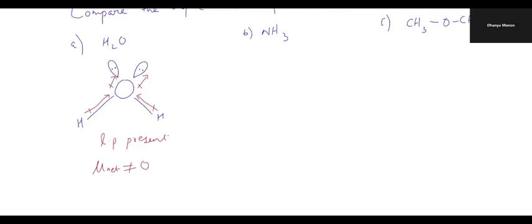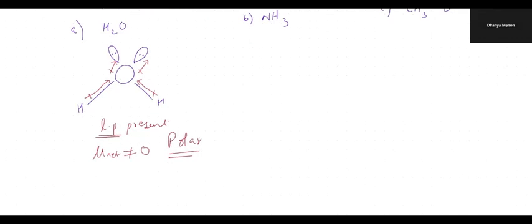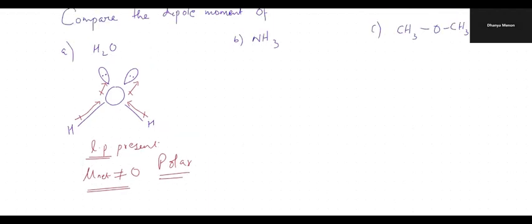In fact, they are adding up. So just as a hint, whenever there is a lone pair, that means probably it will be polar. So in water, because of the lone pair, the dipoles are not getting cancelled, they're getting added up, and the net dipole moment is not 0. So that means the molecule is polar.